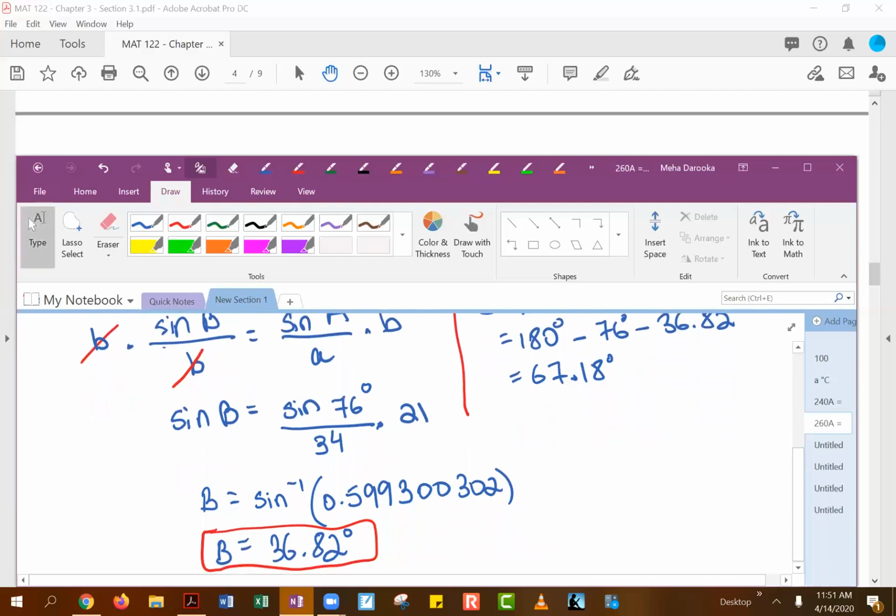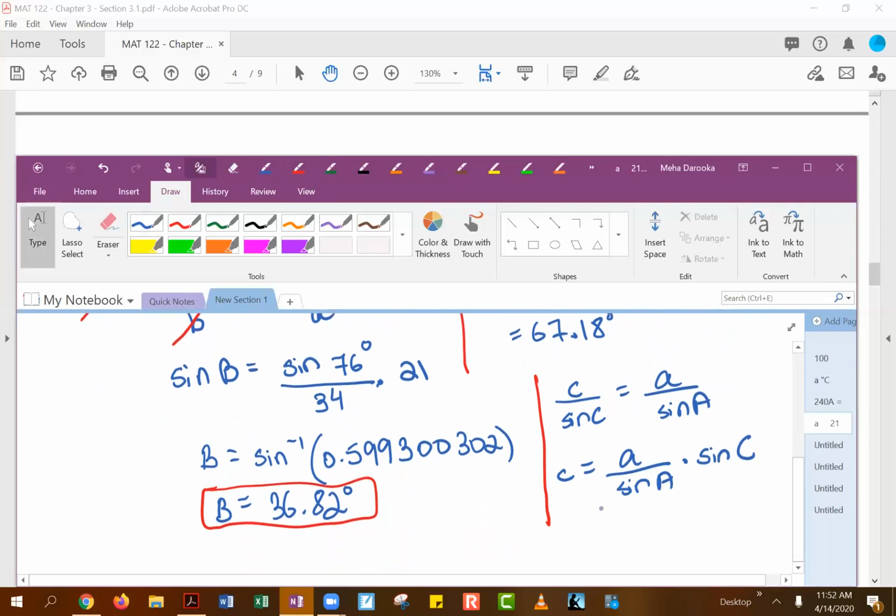So for finding side C, we'll of course put C on the top, sine of C on the bottom, and then A on the top, sine of A, which will end up multiplying both sides by sine of C. And that would be 34 over sine of 76 degrees multiplied by sine of 67.18.